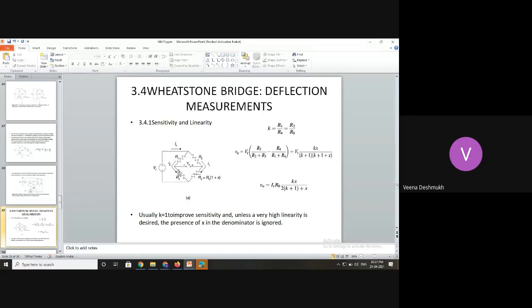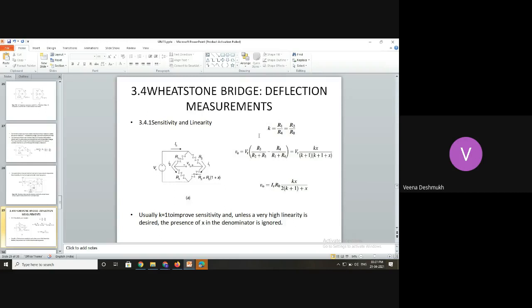Now in this bit, we are going to see how exactly the Wheatstone's bridge can be used for the measurement of highly sensitive sensor voltages, or how the bridges can be used in sensitive instruments. So we know this basic equation where the arm ratio is equal to some constant.